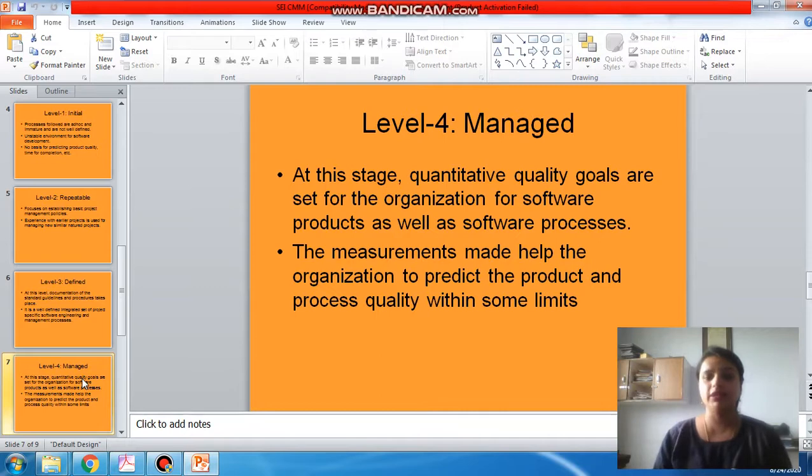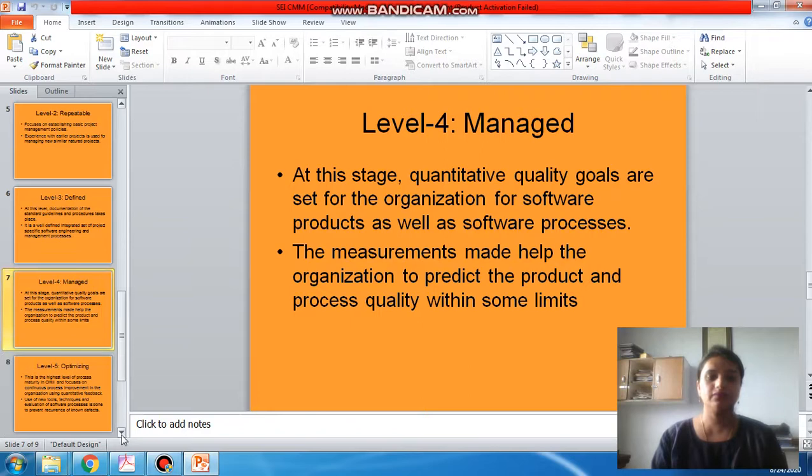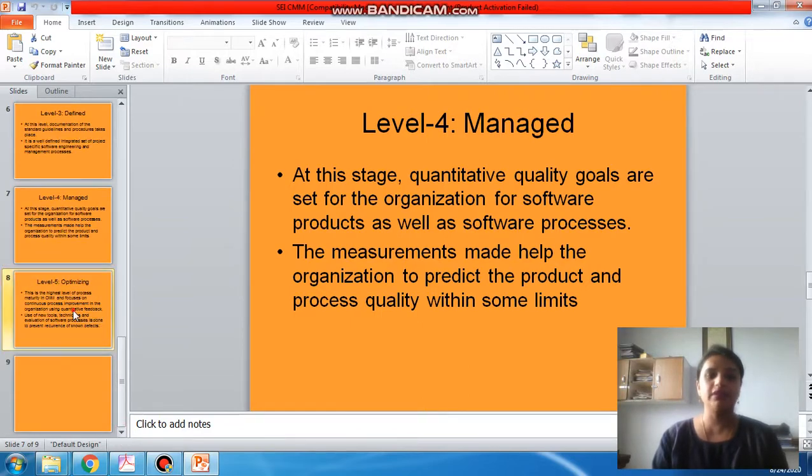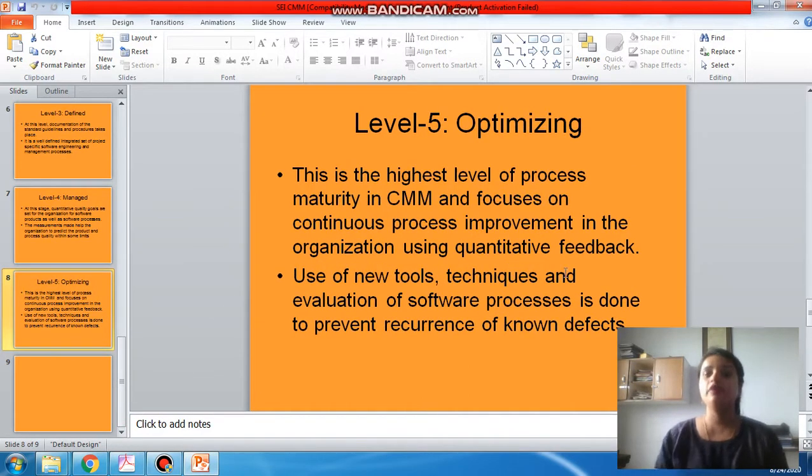Level 4 is managed, means now all the processes have achieved quantitative and qualitative goals here. We are improving the quality of the software product, and we measure each and every process and have good control over it. The last one, fifth, is optimizing. We just improve the process.